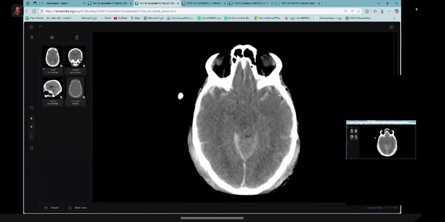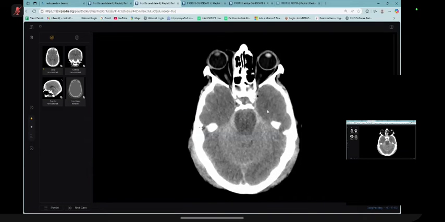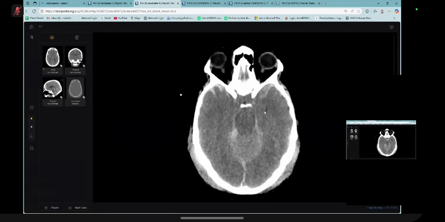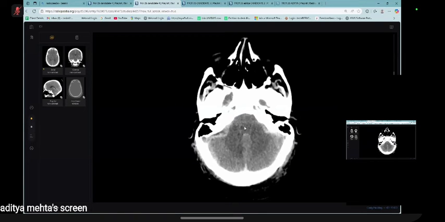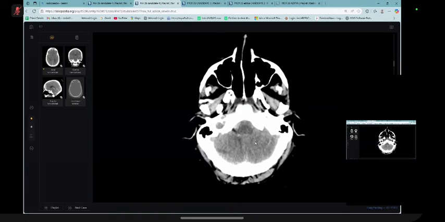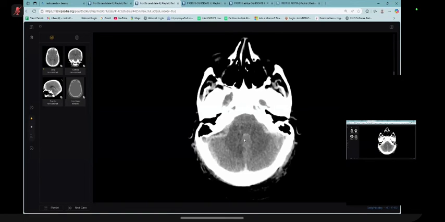The ventricles are a bit pinched. I would like to see the coronal and sagittal views to see the associated transtentorial herniation and herniation of the cerebellar tonsils to the foramen magnum, because there is crowding in the posterior fossa as well, and I am not able to appreciate the fourth ventricle.